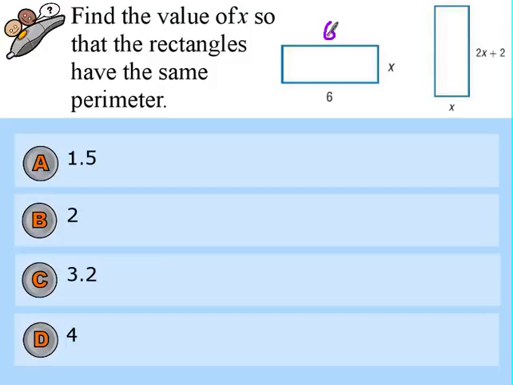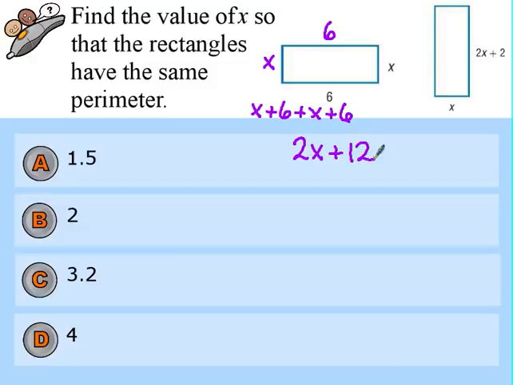So I know that this side is 6 and this side is x. So if I add up everything on that rectangle, I have x plus 6 plus x plus 6, right? What does that simplify to be? I want one variable and one number. Okay, 2x plus 12.